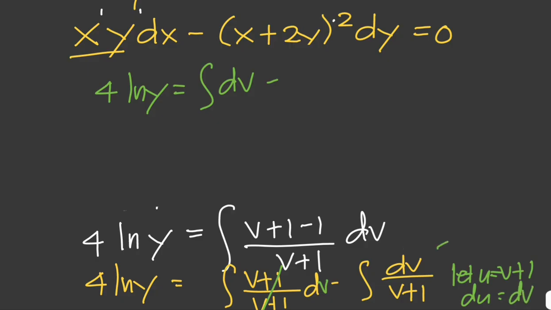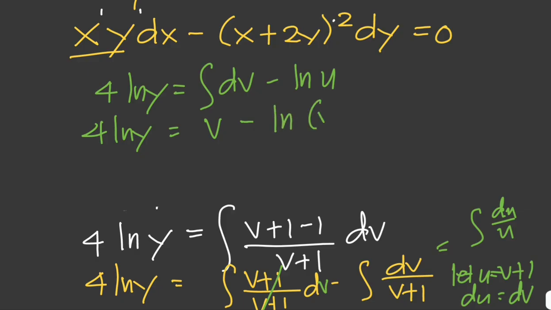So it's the same as the integral of du over u, which is just ln of u. The integral of dv is just v, minus ln of u, where u is v plus 1. So therefore this is ln of v plus 1 plus c.